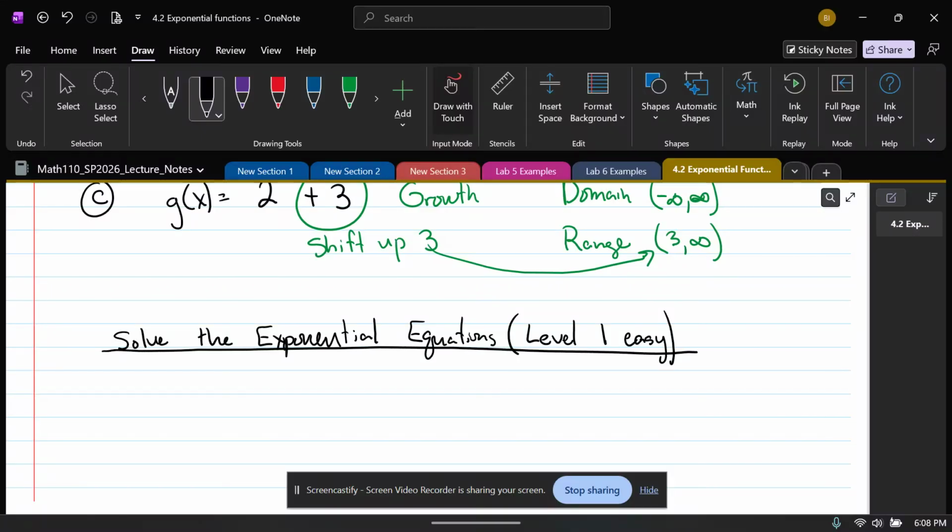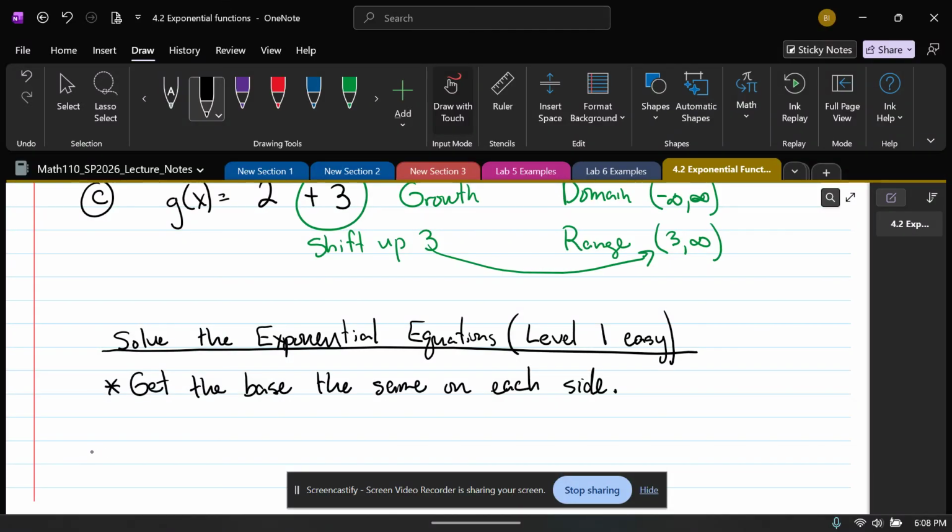So the key to solving exponential equations is get the base the same on each side. Base is a B, not a P. If you can get the base the same on each side, then it's level 1 easy.